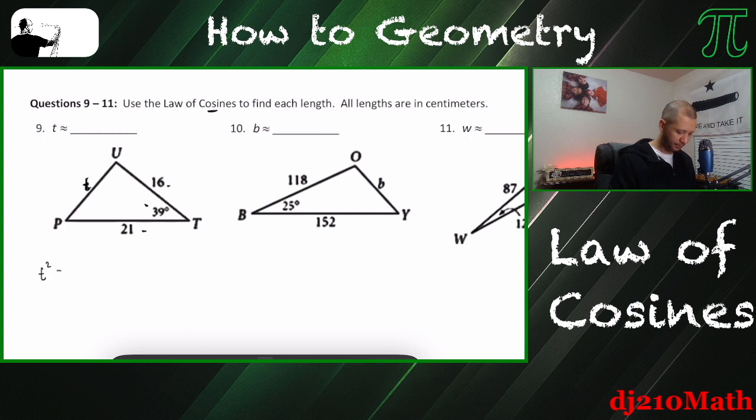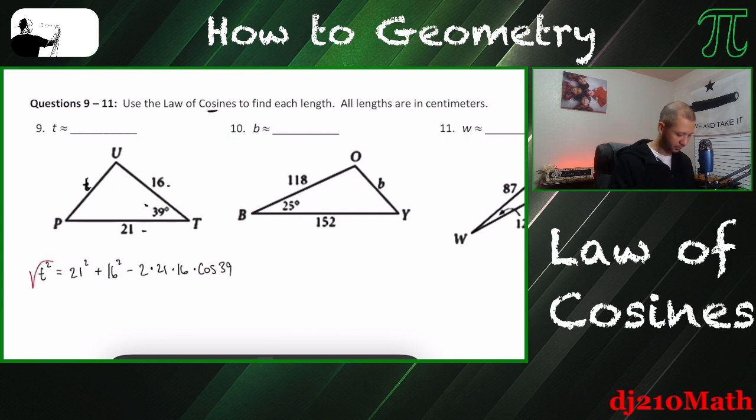T squared is equal to the square of the other 2 legs. So 21 squared plus 16 squared minus 2 times a, which is 21, times b, which is 16, times cosine of the angle that I know.